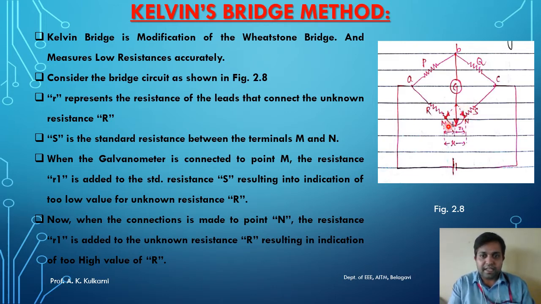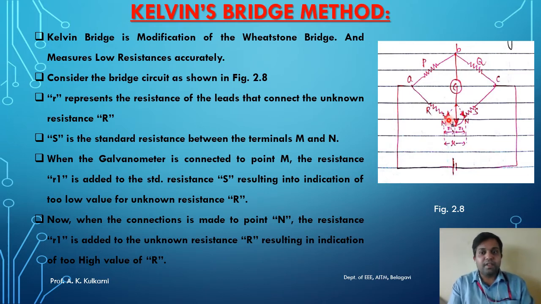The entire resistance will get added to what? The standard resistance. So the resistance added to the unknown resistance will be very less. The resistance indicates too low a value of the unknown resistance, which means the least resistance will be connected to our unknown resistance.